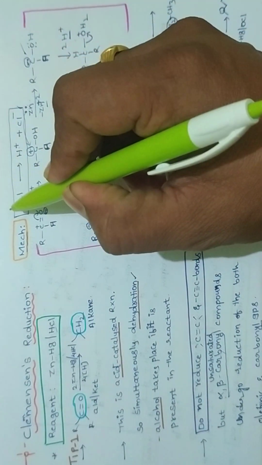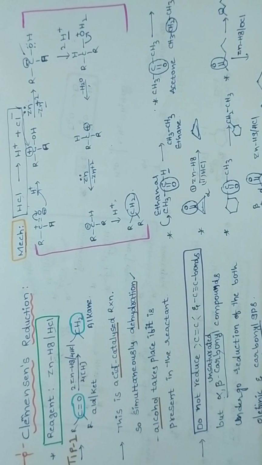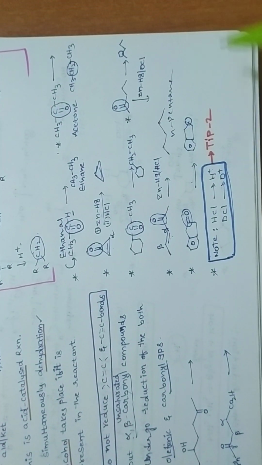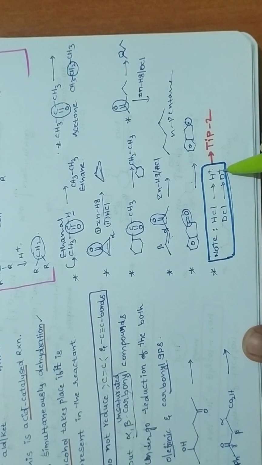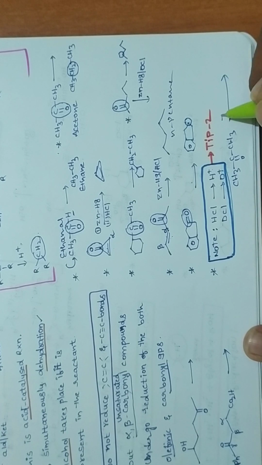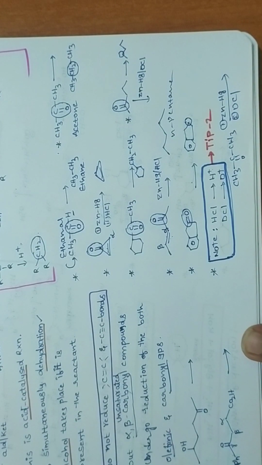Instead of HCl, suppose an isotope of hydrogen is given, that is DCl, then you have to add D. For example, they give CH3, C double bond O, CH3. First the compound reacts with zinc mercury, followed by DCl. Now DCl is given, so what should you add here?